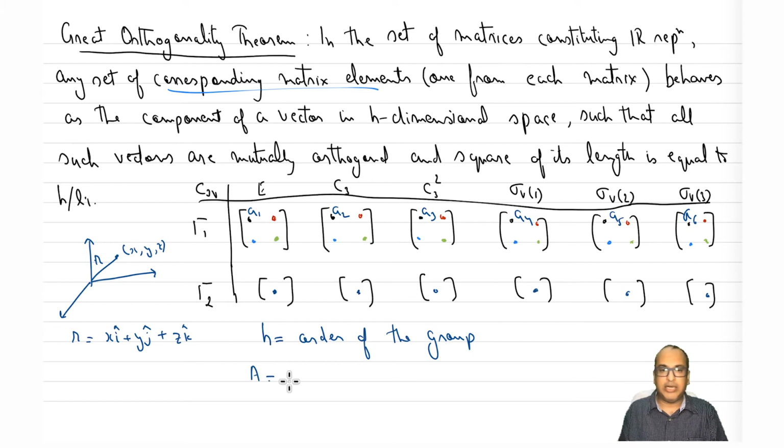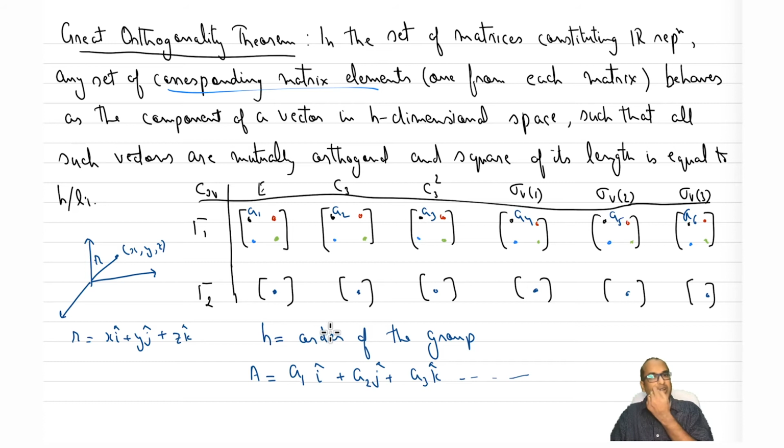Let's call that vector A, A1i plus A2j plus A3k and so on. Okay, so here h is the order of the group, so the order of the group is 6 here. So in this case it is in 6-dimensional space. These are the components of the vector.